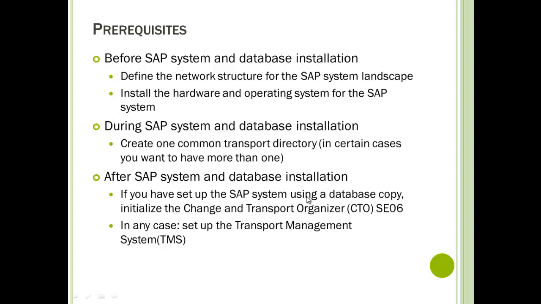Then the existing transport management, or existing TMS, will be different. Even though we will do the configuration of TMS in each system separately, it is important that you initialize all these TMS configurations using SE06, then you will start configuring. In general we will do the configuration in the transaction code STMS, but in SE06 you can initialize. Let's go to the system, then we can see this in more detail.